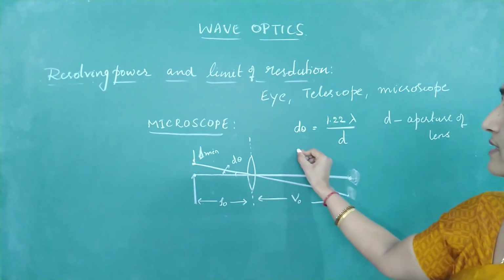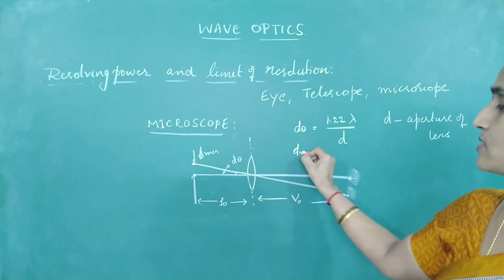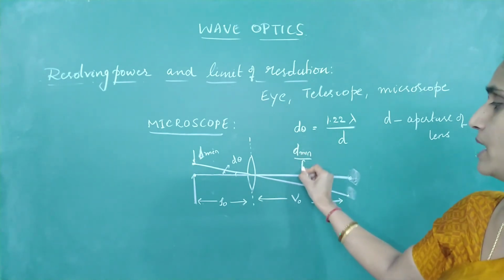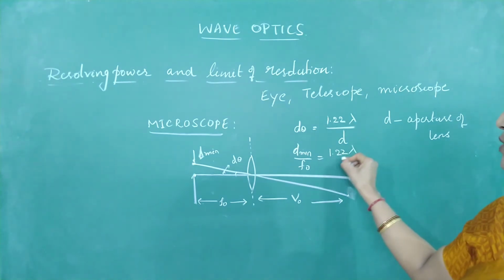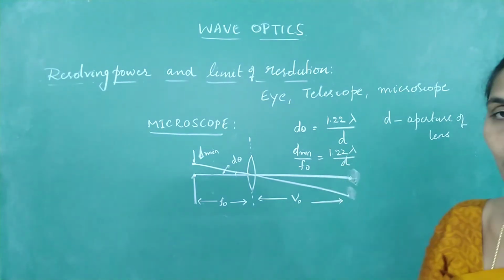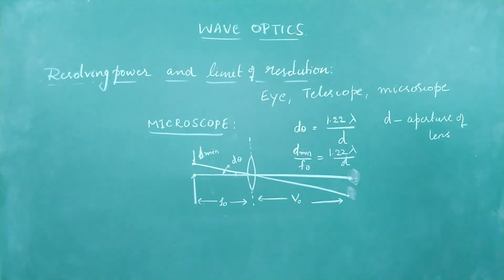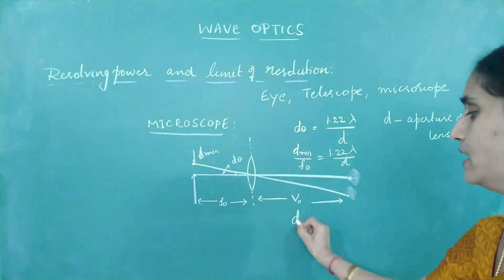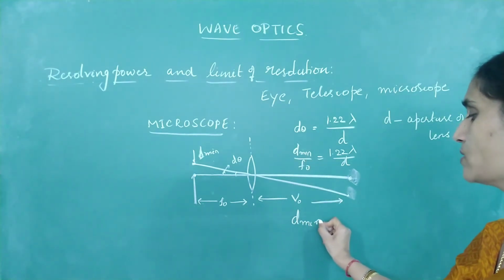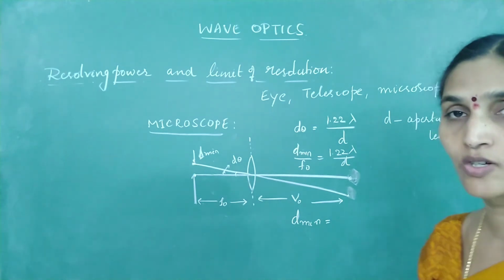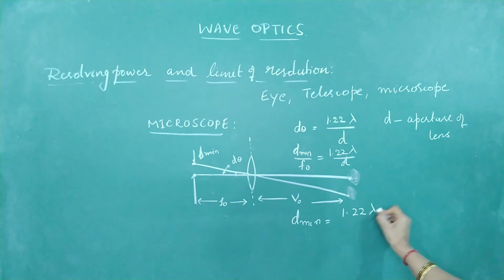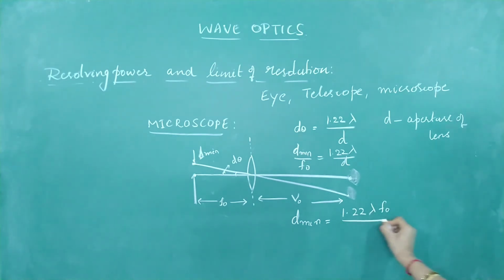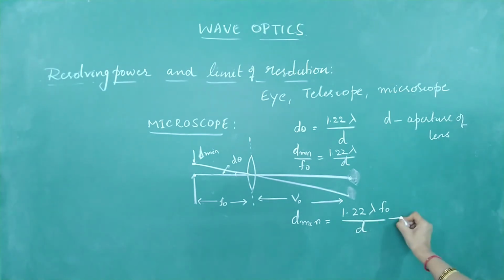So I will replace this as d minimum divided by f0 should be 1.22 lambda divided by small d. So from here, what should be the minimum distance d minimum between two closely spaced objects to be just resolved? d minimum should be 1.22 lambda into f0 divided by small d. I will call this equation 1.